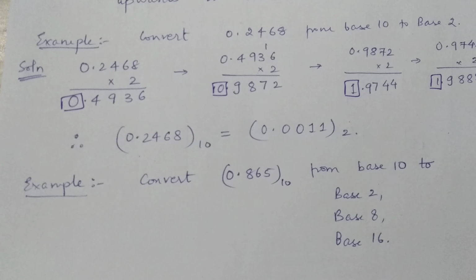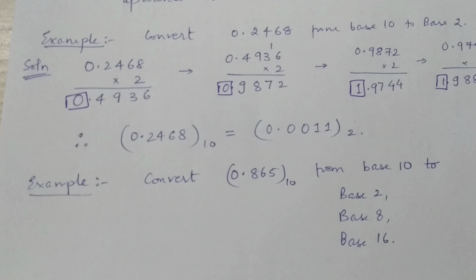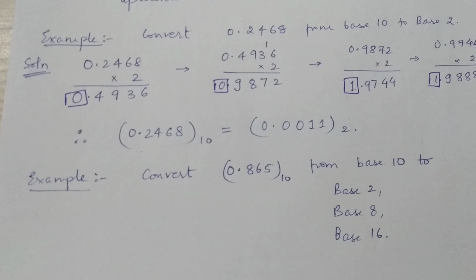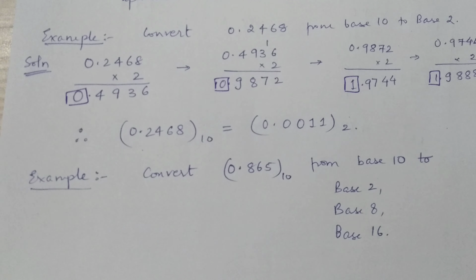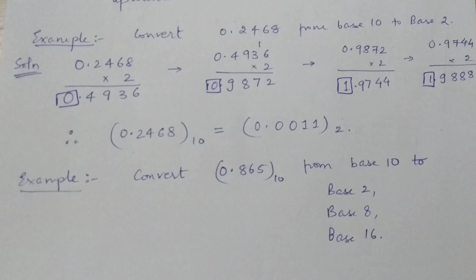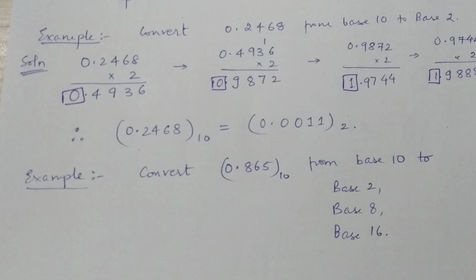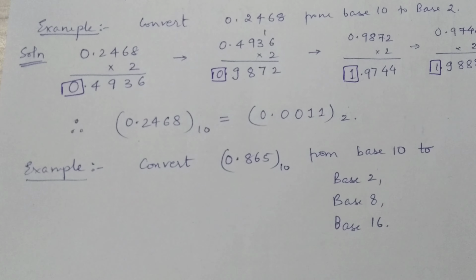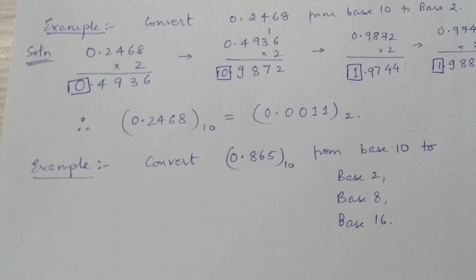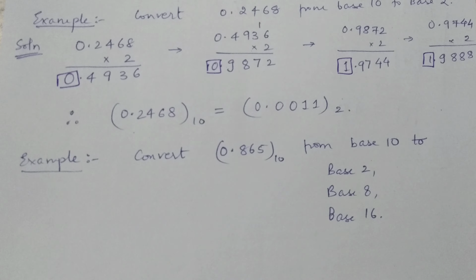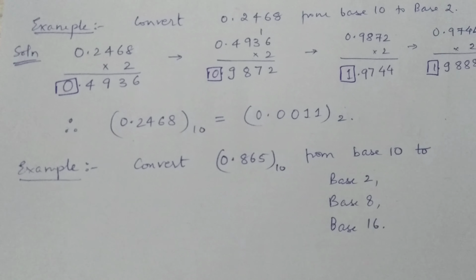So here I have replicated the procedure 4 times. So the answer, if I move vertically, upwards to downwards, we get the equivalent binary number of 0.2468 base 10 as 0.0011 whole base 2. So a very easy procedure to convert.